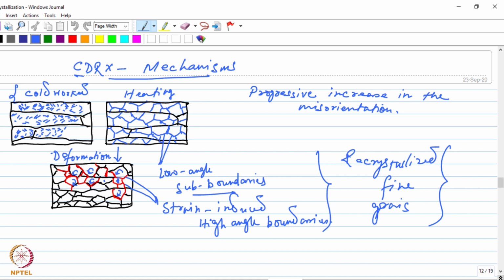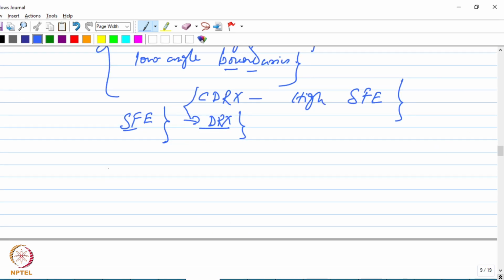As you could see from this particular diagram over here, the process of evolution of these subgrain boundaries into high angle boundaries is depicted. So at the end of the process, you have these strain induced high angle boundaries which have evolved from the dislocation subgrain boundaries generated due to the arrangement and accumulation of dislocation into low energy configuration.